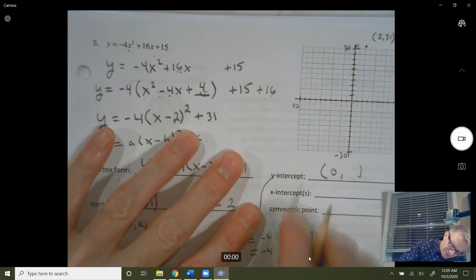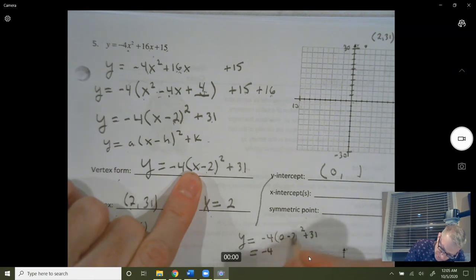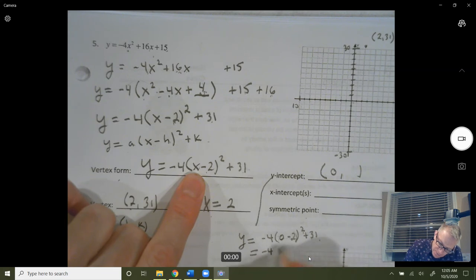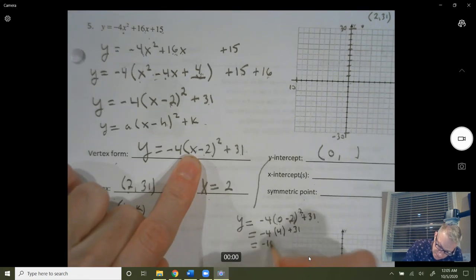I'm plugging in 0 for x, so I replace the x with 0. 0 minus 2 squared plus 31. Okay, so that becomes -4 times 4 plus 31. So I get -16 plus 31. -16 plus 31 is 15.